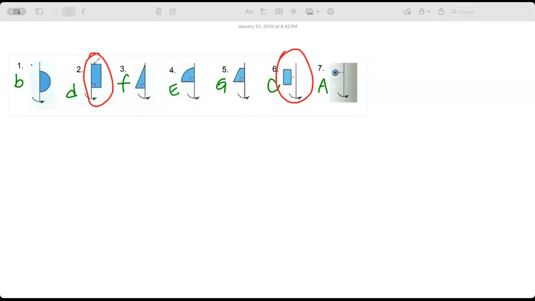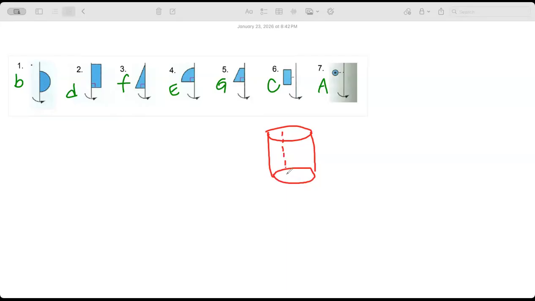It will be exactly a cylinder, but because of this gap. I should not have drawn it like this. It'll be like this. So this will be the solid portion. What is that called?